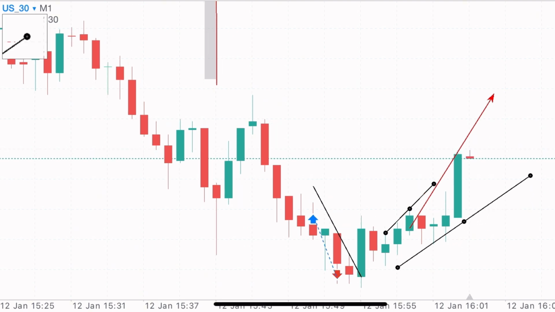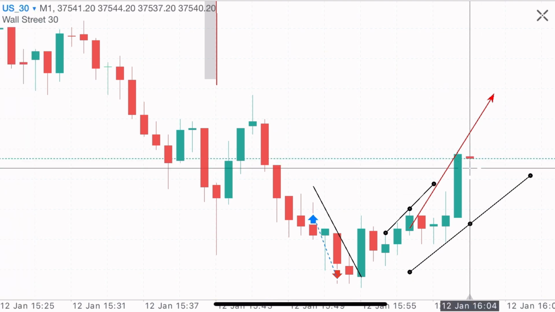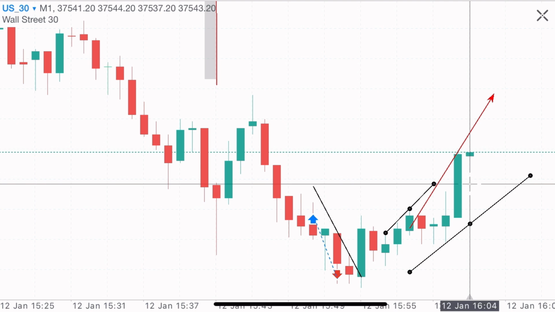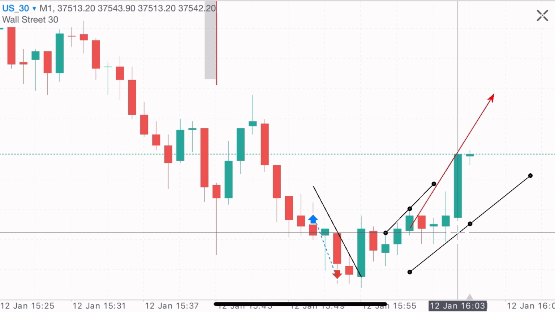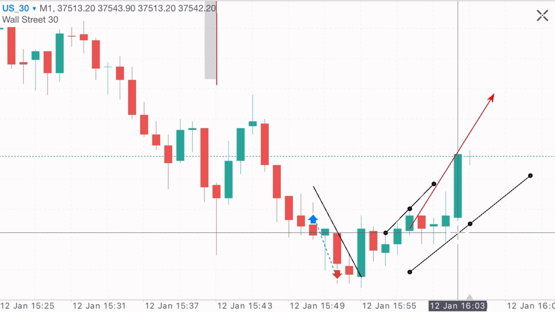Then if there is a breakout, just like this market right here that is giving a sell sign, if the market sold below this trend line, the market is going to sell. Okay, that is how you can scalp the market.